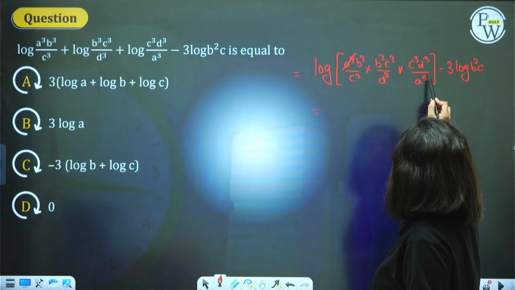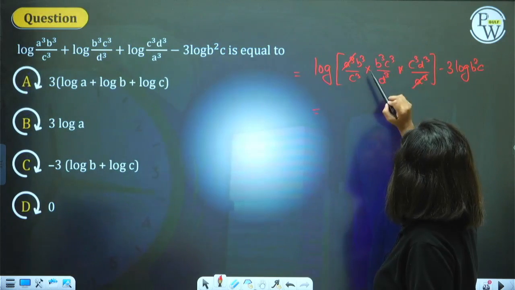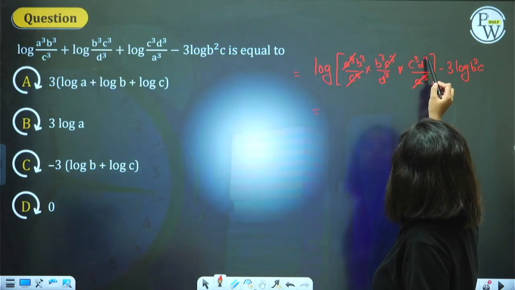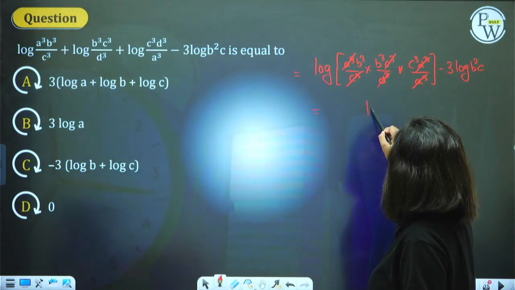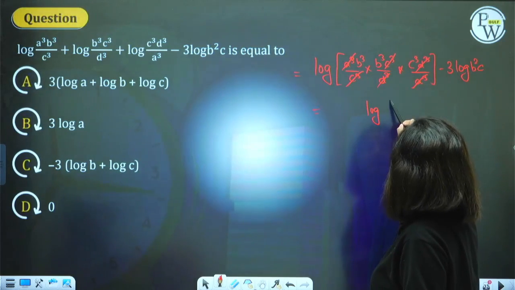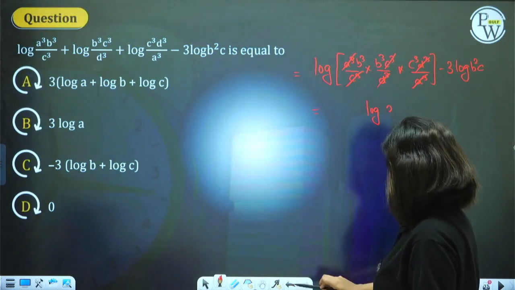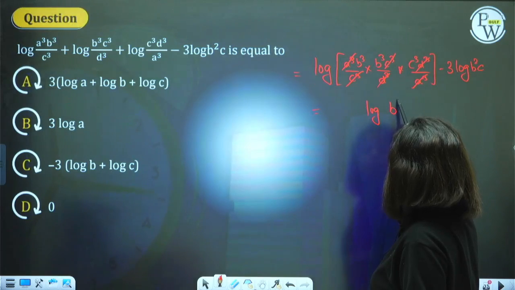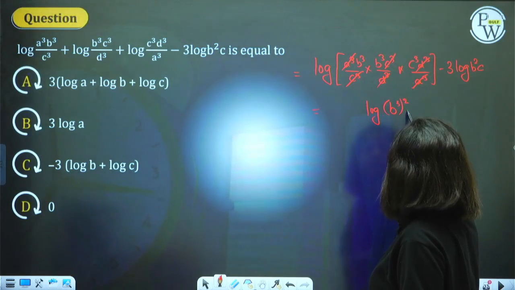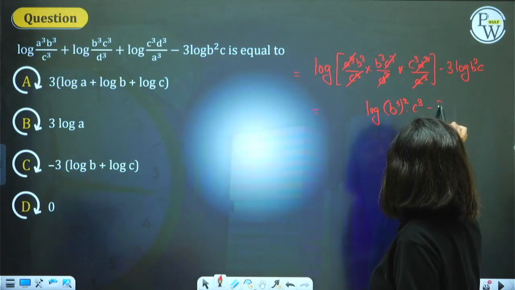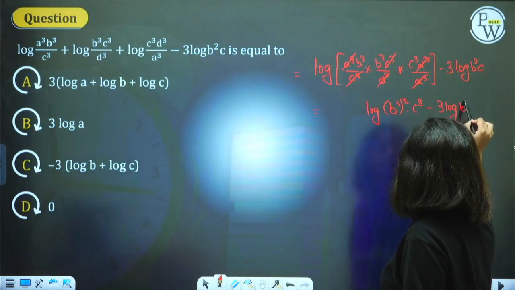A cube cancels with a cube, c cube cancels with c cube, d cube with d cube. We will be left with log of b cube into b cube, that is b cube the whole square, into c cube, minus 3 times log of b square c.